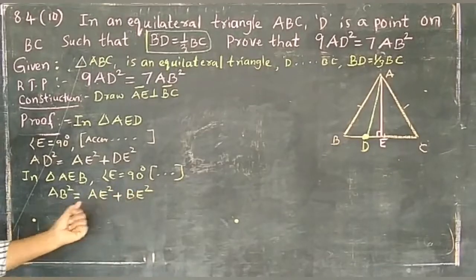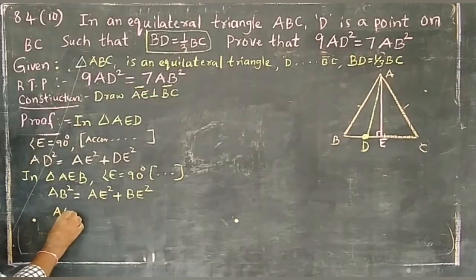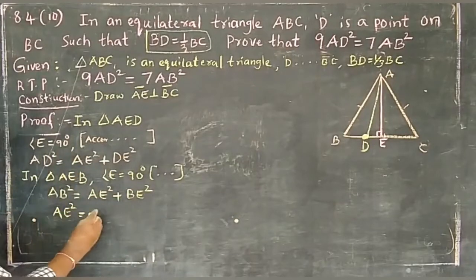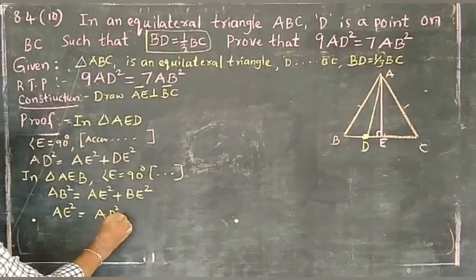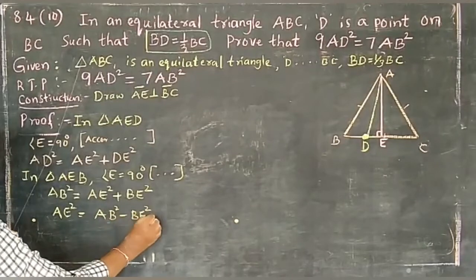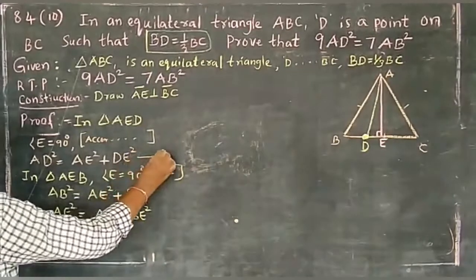We need AE square as the subject: AE square is equal to AB square minus BE square. Substitute this in the first equation.